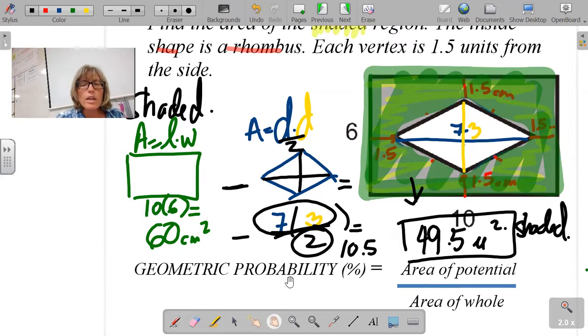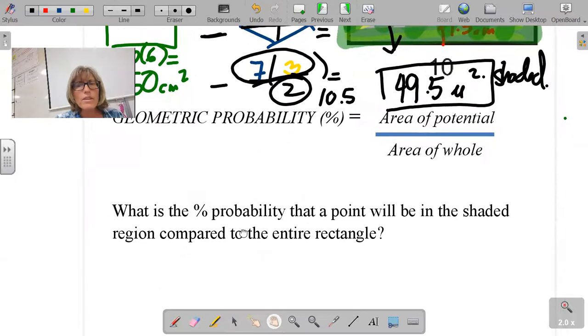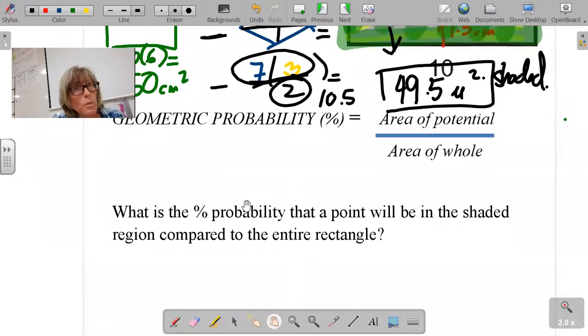Now, here is a secondary question. This is related to probability. It says right here, what is the percent probability that a point will be in the shaded region compared to the entire rectangle?